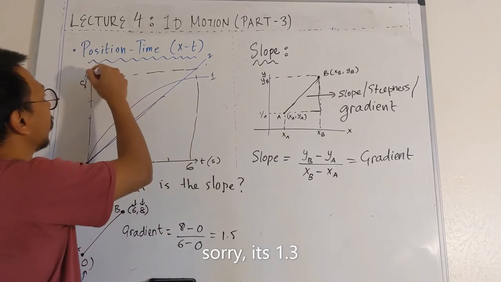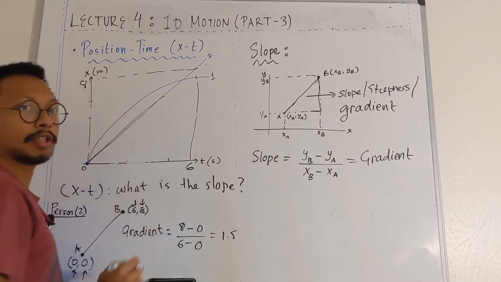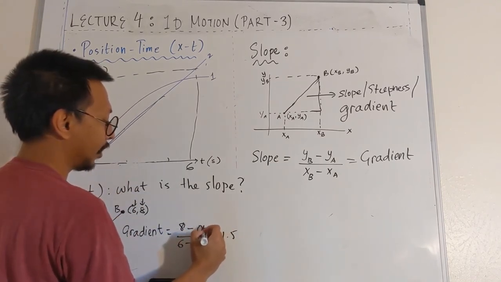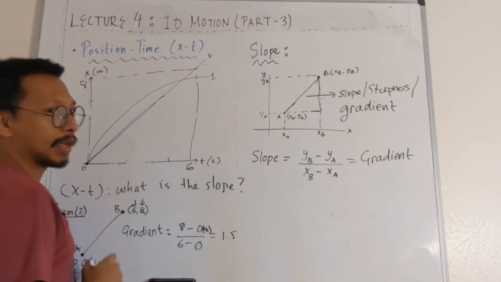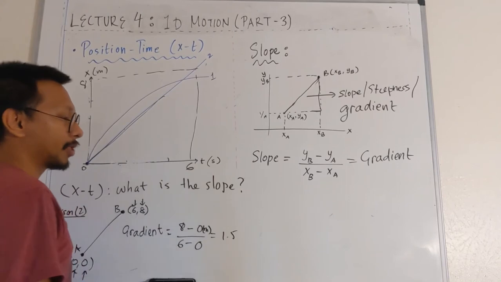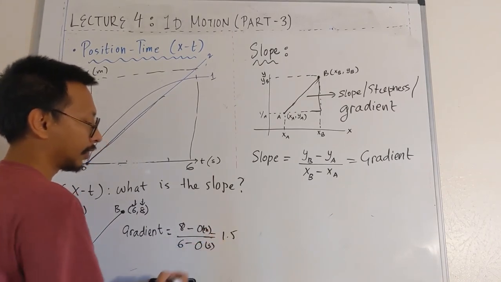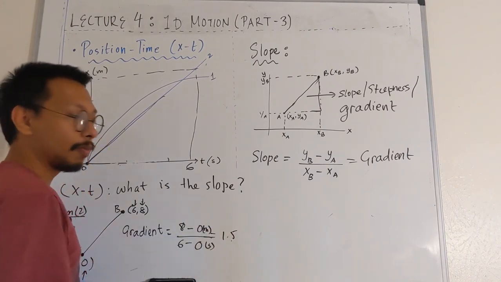Now the y-axis represented something physical in this graph. Y-axis was position. Position has units of meters. So up here you had units of meter. X-axis represented something physical, the time, having units of seconds. So you have seconds as the denominator. What is the unit of the slope then?